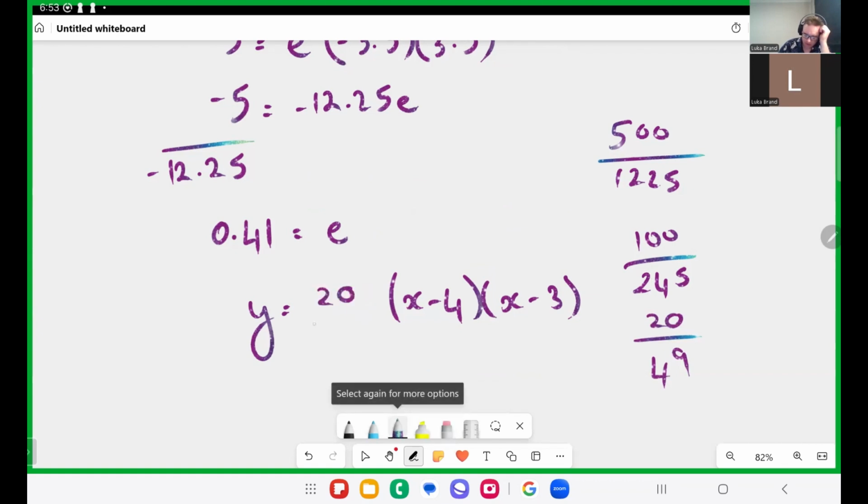Either the fraction or the decimal is okay. The fraction does give us a slightly more precise answer, though.